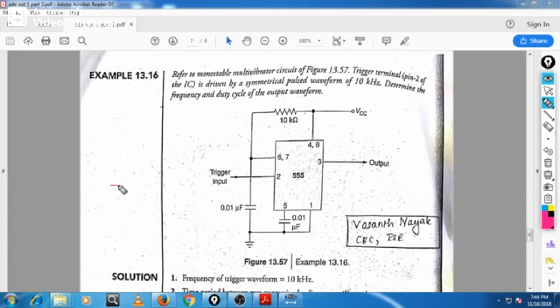Symmetrical means something like this. Determine the frequency and duty cycle of the output waveform. We are measuring the output waveform here. Now, the frequency of the trigger waveform.